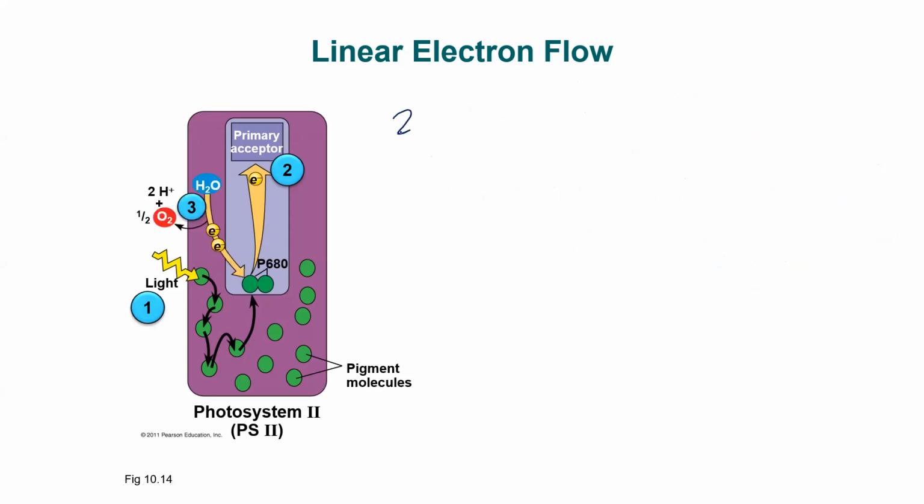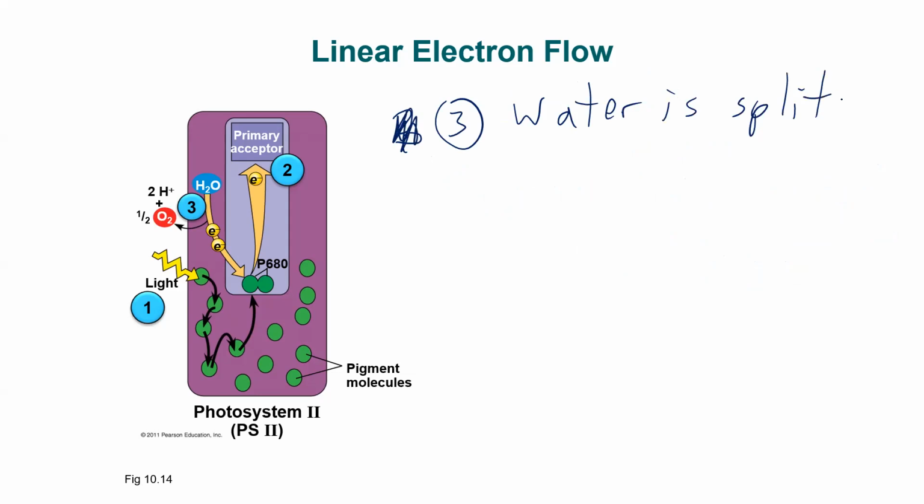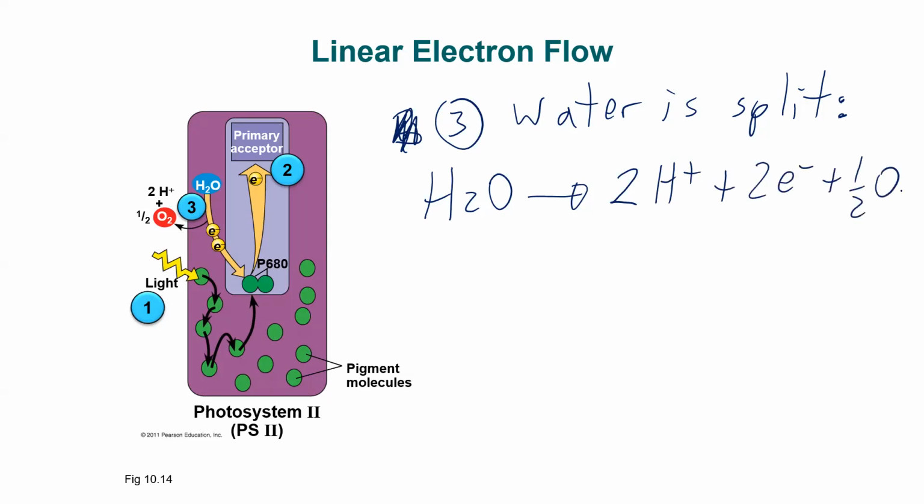All right, so number 3, I'll change this to a 3. That doesn't look like a 3. Let's try that again. There is a 3. Okay, so number 3, water is split. All right, so this was the reaction that I wrote on the board before. So H2O is broken down, and we get 2 hydrogens plus 2 electrons plus an oxygen.